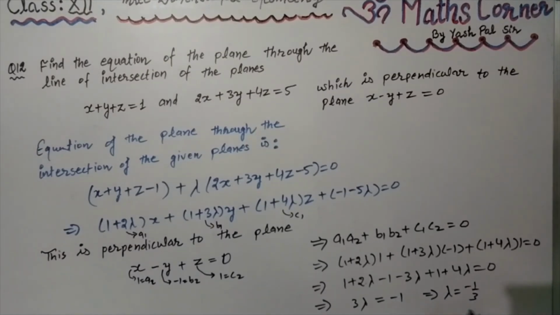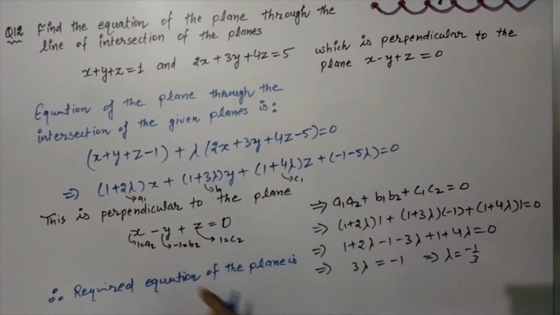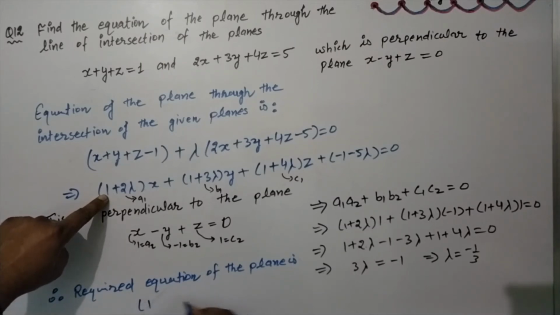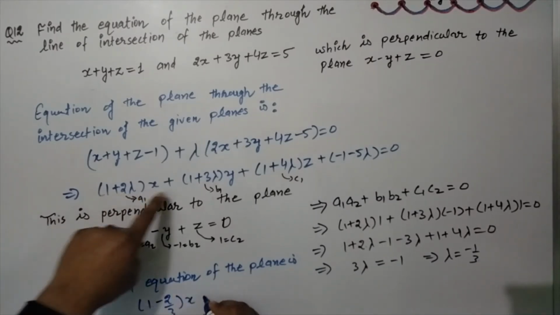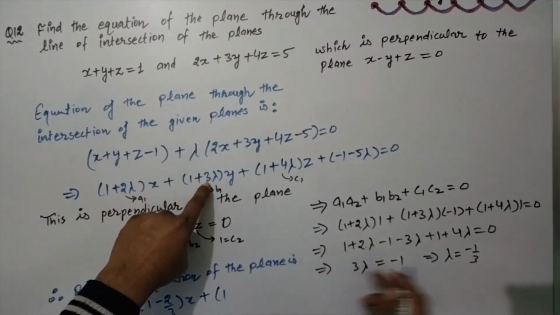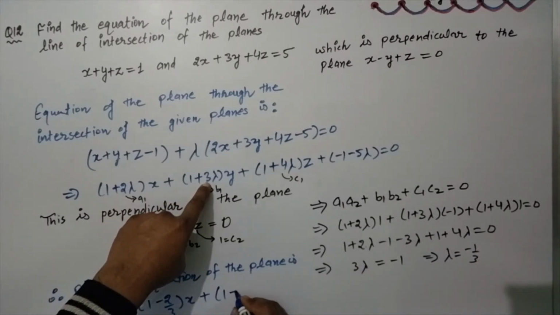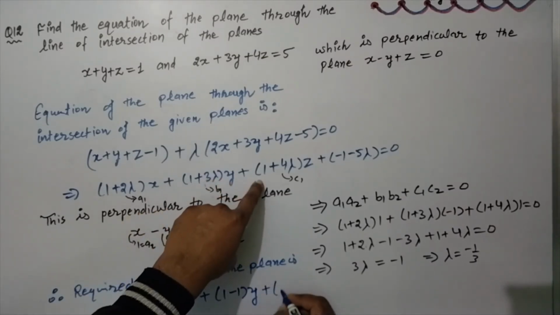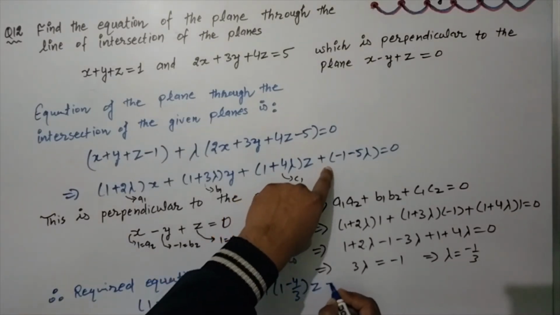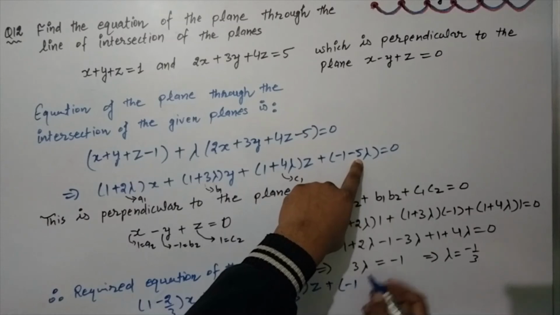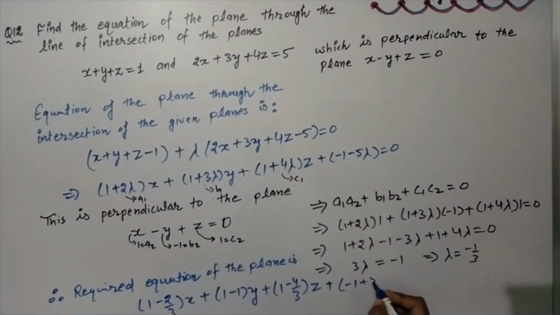Right? So now we substitute this value here. The required equation of the plane is (1 plus 2 lambda), that is 1 plus 2 into minus 1 upon 3, minus 2 upon 3, into x, plus (1 plus 3 into minus 1 upon 3), that is minus 1, into y, plus (1 minus 4 upon 3) into z, plus minus 1 minus 5 into minus 1 upon 3 plus 5 upon 3 is equal to 0.